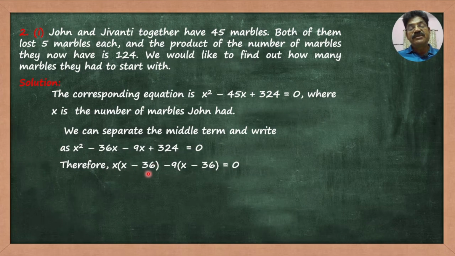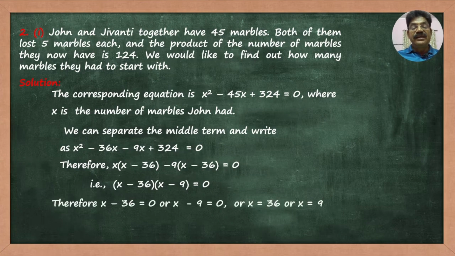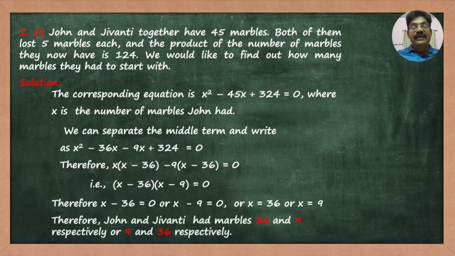So it is x into x minus 36. Minus 9 is common in the last two terms. You take it outside. So minus 9 into x minus 36. Now x minus 36 is common. Therefore, it is x minus 36 into x minus 9 is equal to 0. Therefore, x is equal to 36 or x is equal to 9.